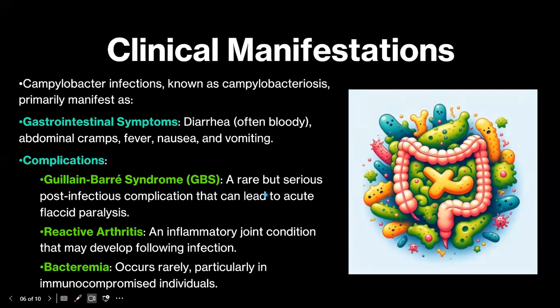It's a rare one, but you will see it as a post-infectious complication that causes flaccid paralysis. Reactive arthritis, an inflammatory joint condition, may develop in that case. Bacteremia occurs rarely, but particularly in immunocompromised patients, where bacteria can enter our bloodstream.